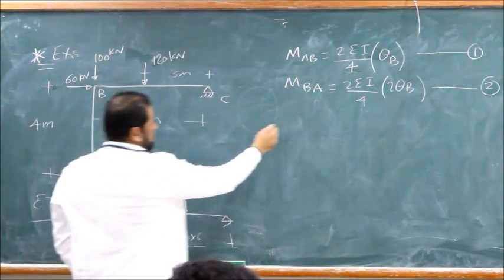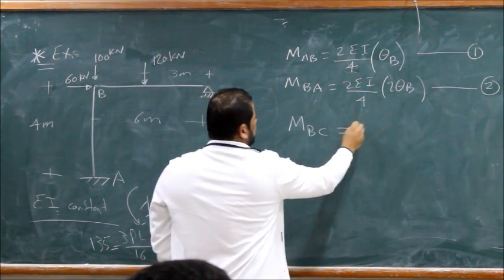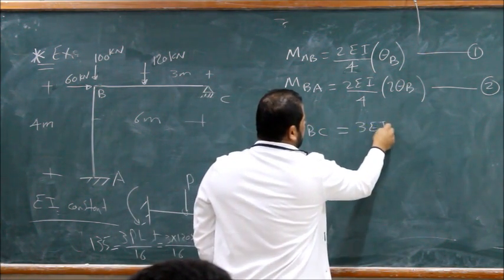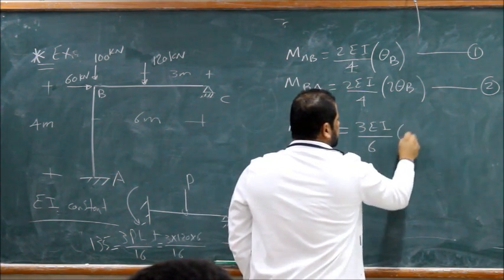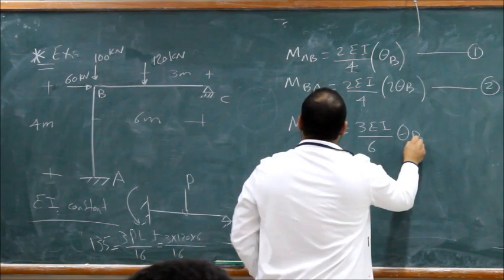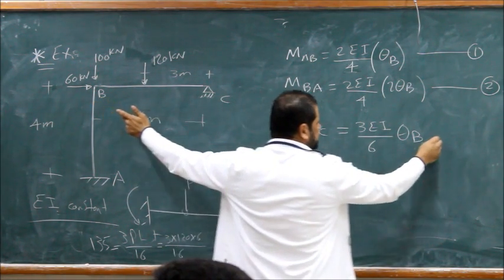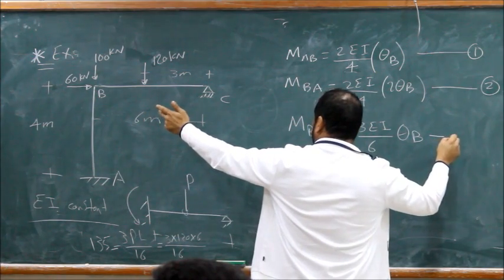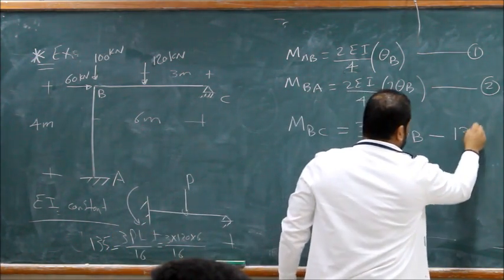Let's apply. So MBC equals 3EI, again, don't put 4 over 6, theta B, right? Plus the fixed end moment in span BC at B, how much? Just calculate. Minus 135.